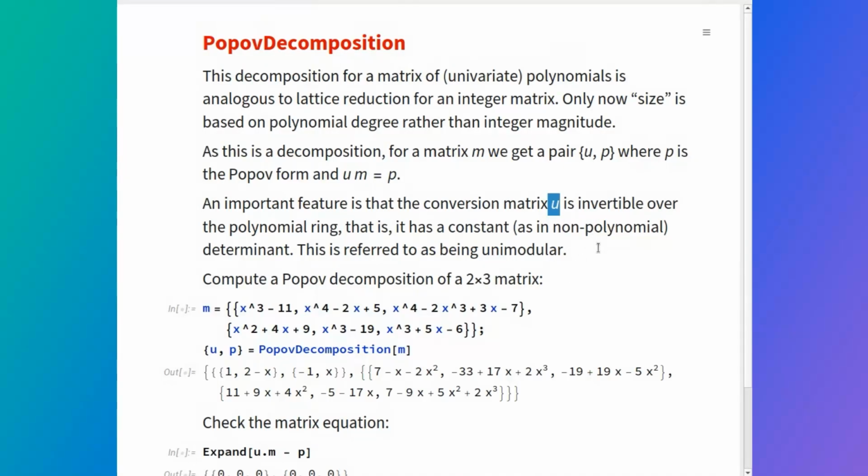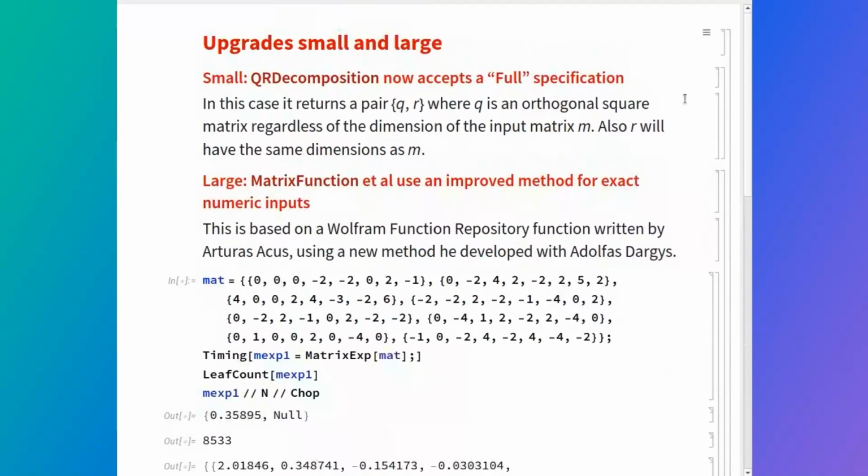The determinant is a constant, so that if you were to invert it using Cramer's rule, you would have a constant in the denominator rather than a polynomial. So no rational arithmetic is ever needed, is the nice thing. In terms of rational functions, you're just working with polynomials.